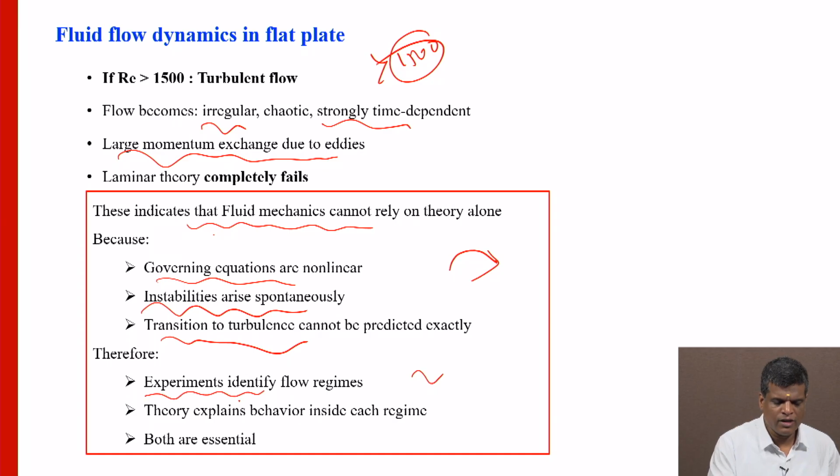If it is not matching, what we have to do is solve the model differently, make some other assumptions, or do some optimization, so that both results match. So, identifying the flow regime experimentally is definitely needed, then only we get thorough knowledge. In the same way theory is also explained, both are very essential.